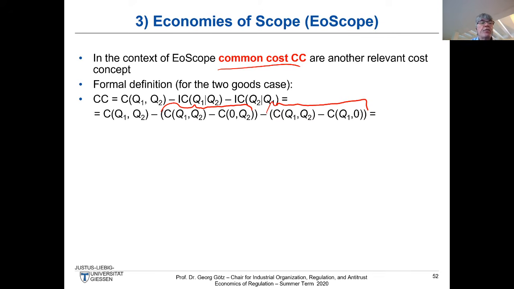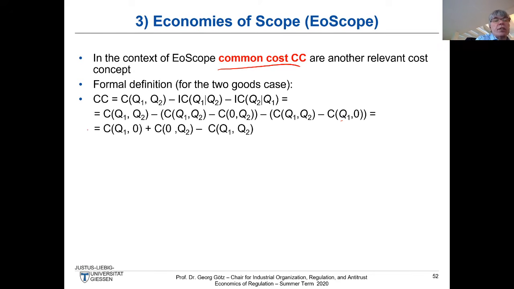If you simplify that, you see that this is thrown out, and so you get plus C(Q1) plus C(Q2), and I have to erase it again here, otherwise you don't see it. The common costs are simply the sum of the standalone costs minus the total cost, or minus the cost if you produce this in one company.